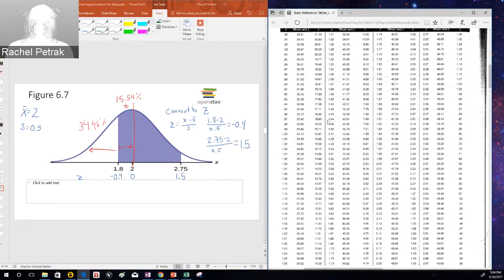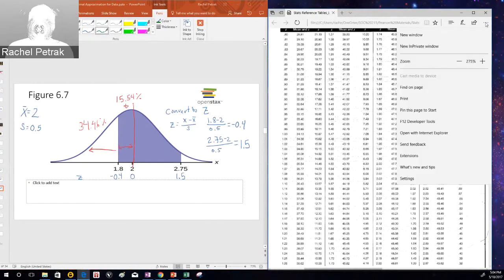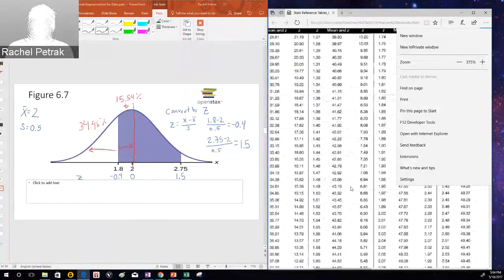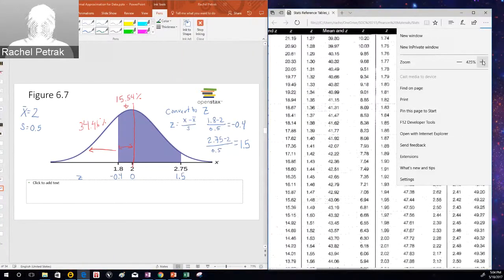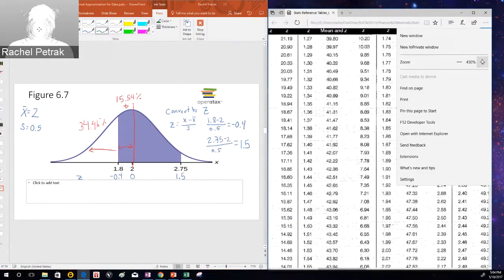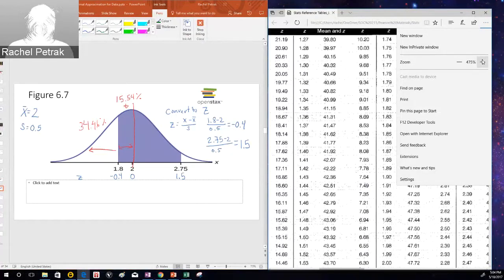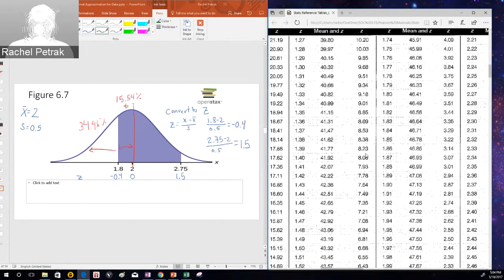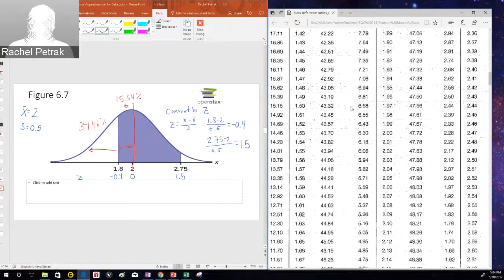I'm looking through column A for a z-score of 1.5. And I know this might be a little bit hard to read on your screen, but remember, the table is available on Blackboard, and you're welcome to go and download it right now. In fact, I would recommend doing that because we're going to use it more during this lecture.